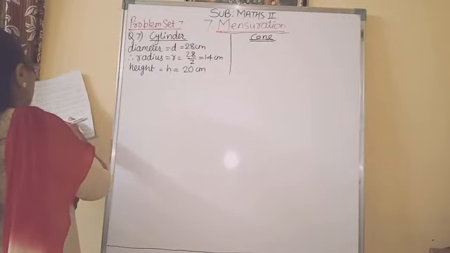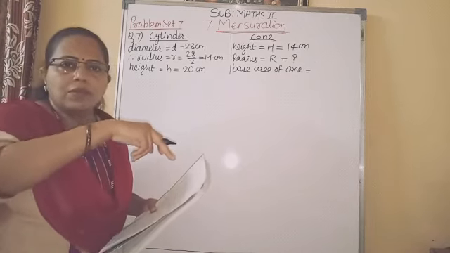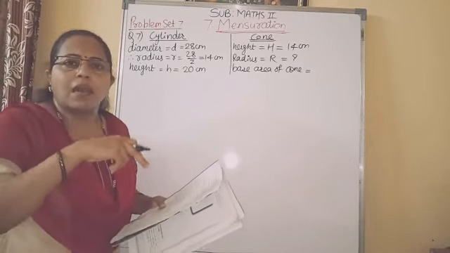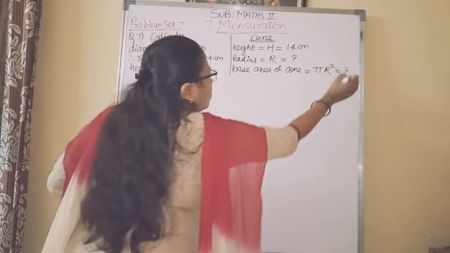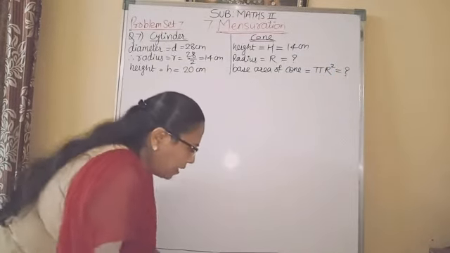We don't know the radius of the cone, so radius, assume capital R, we don't know, and we have to find out the base area of the cone. The base of the cone has a circular shape, so the base area of the cone means the area of a circle, which we have to find out. Pi r square is equal to question mark.